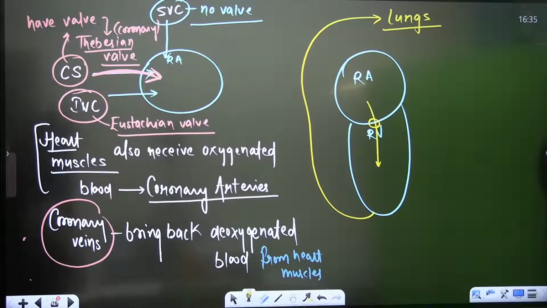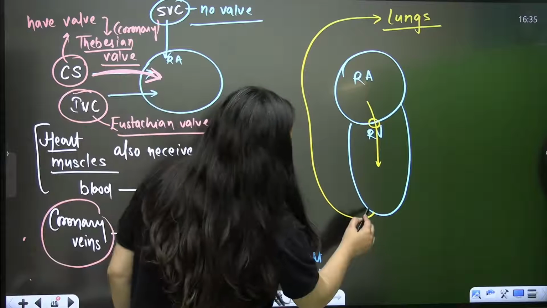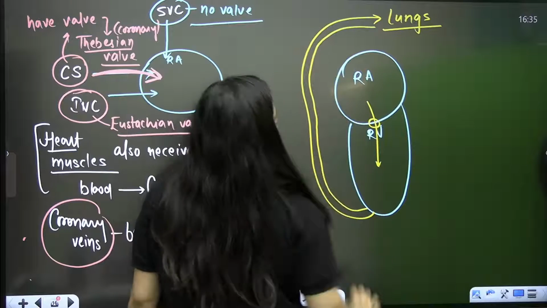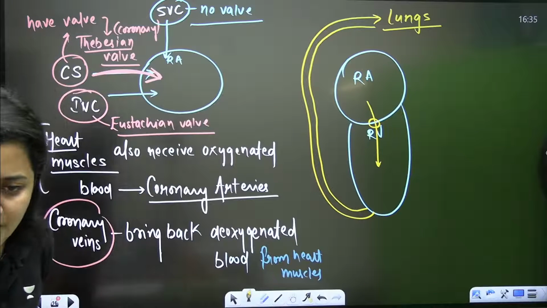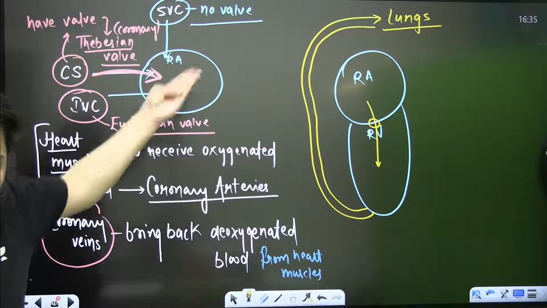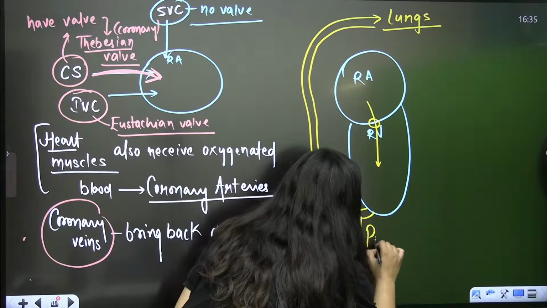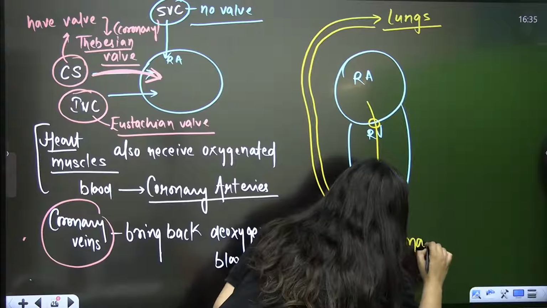So now can you tell me the name of the blood vessel which will carry deoxygenated blood to the lungs? Of course, it's very simple. It is the pulmonary artery.